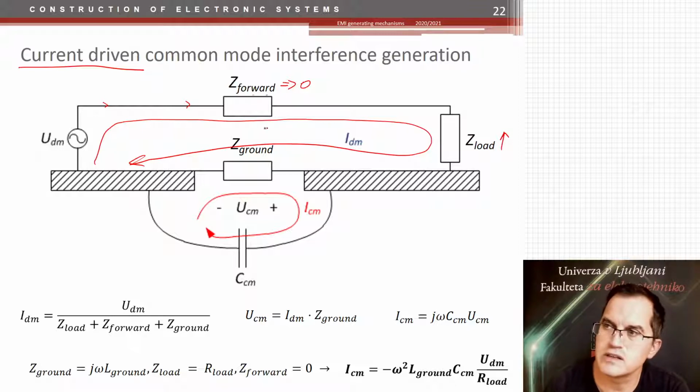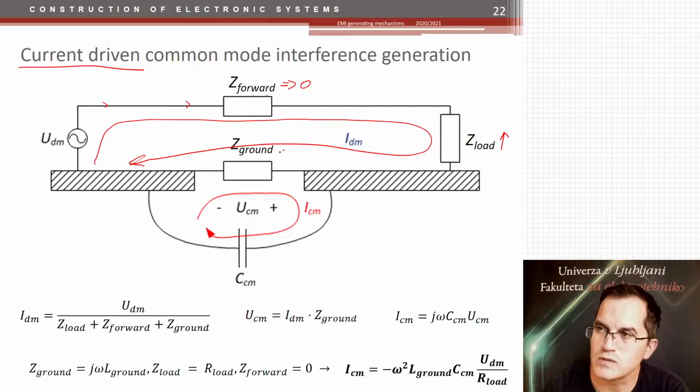Then we have a return current back, and this return current runs usually on ground. And this is a ground which is also representing a kind of impedance as well. So ground is not optimal, it's not ideal, it has some impedance as well.